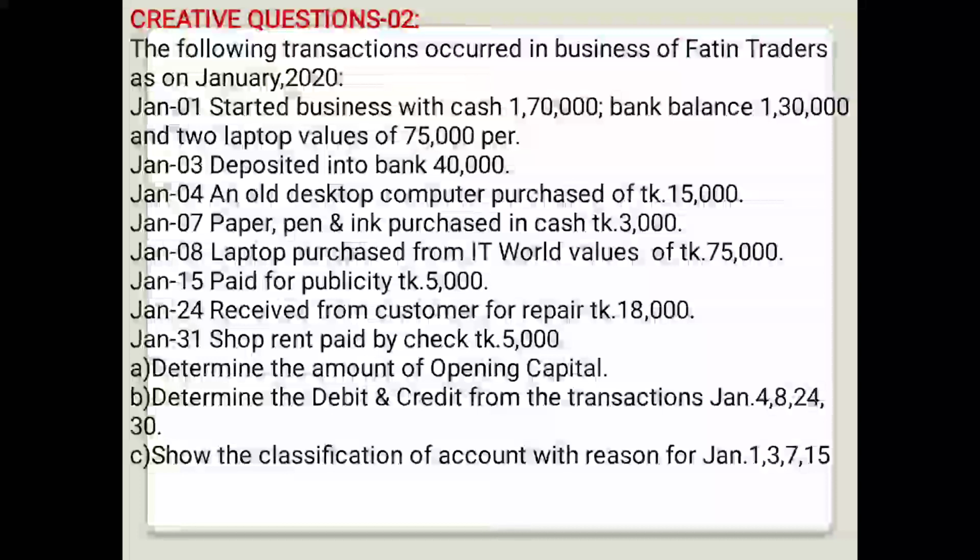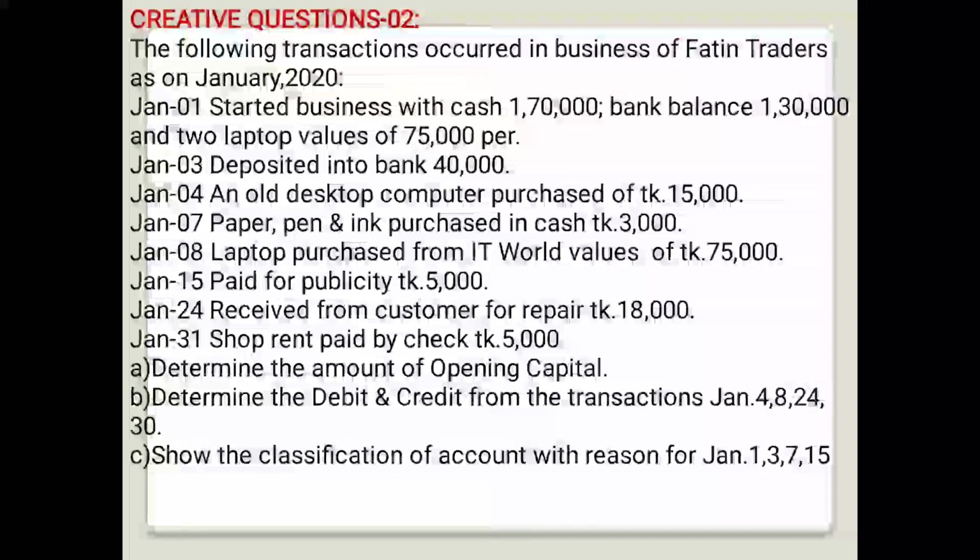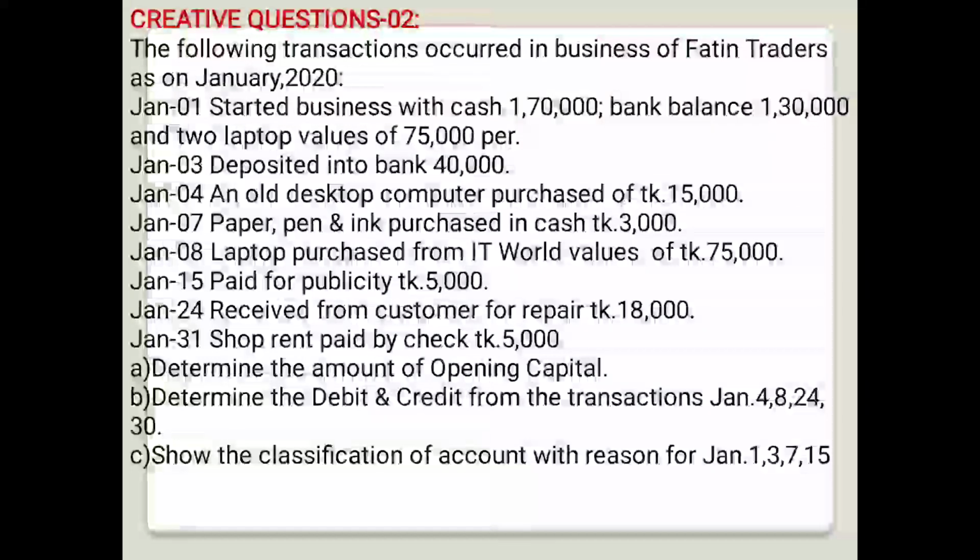So IT World, the equipment supplier, is a creditor or accounts payable, but in this question you have to write equipment suppliers, that is IT World. So for this transaction you have to write office equipment account debit, equipment suppliers, that is IT World, credit. I repeat again, office equipment debit, equipment suppliers, that is IT World, credit.